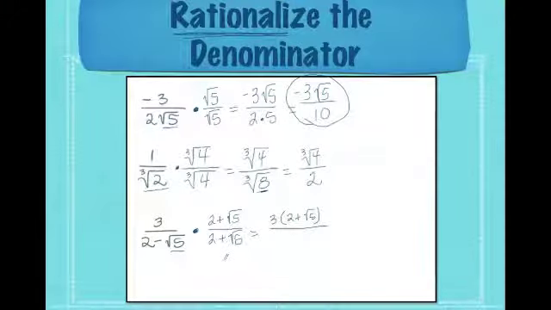So if I FOIL it out, 2 times 2 is 4, and then that will be 2 square root 5 minus 2 square root 5 adds to 0, and then minus the square root of 5 squared, which is just 5. So in the numerator, I have 6 plus 3 square root 5, and in the denominator, I have negative 1. I can rewrite that as negative 6 minus 3 square root 5.